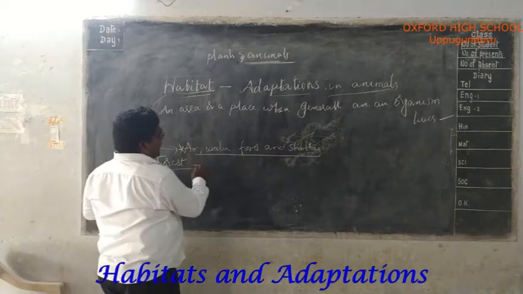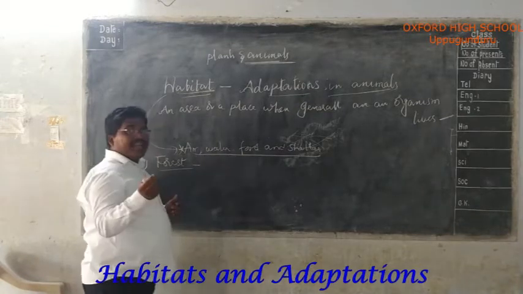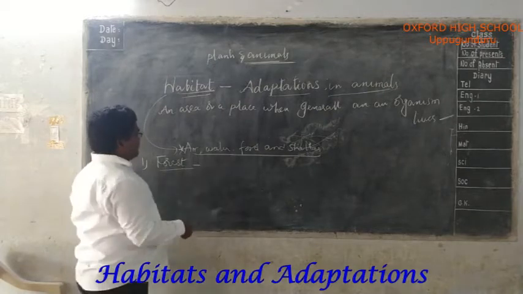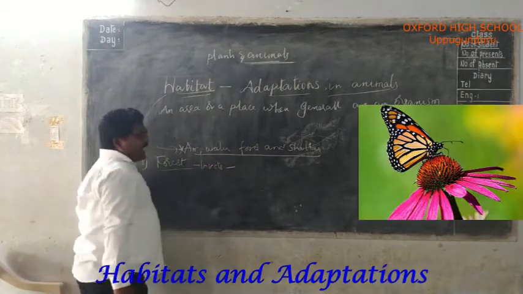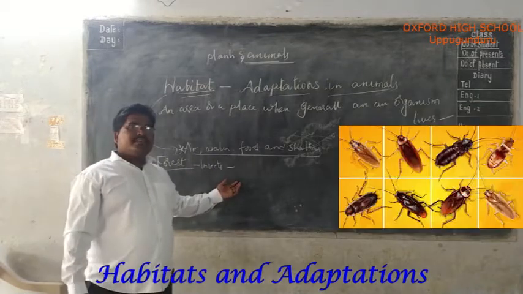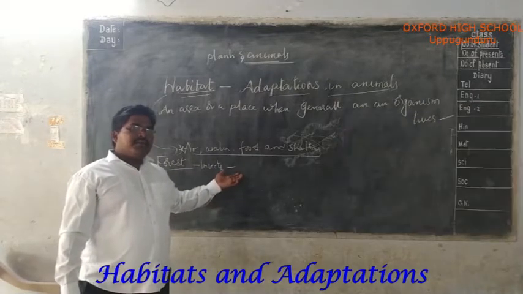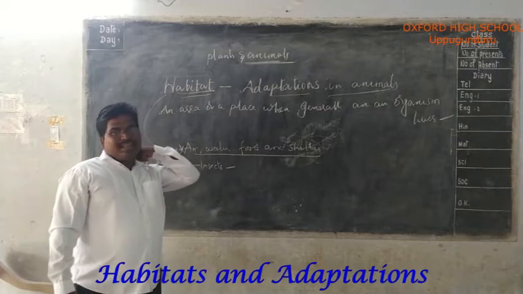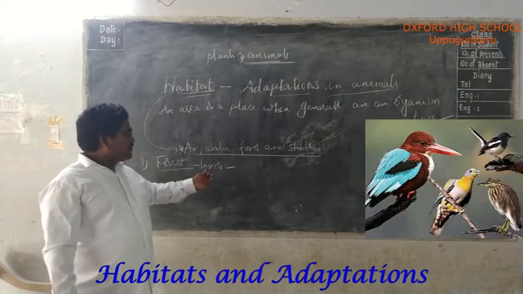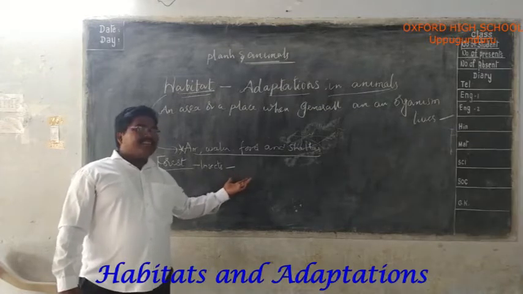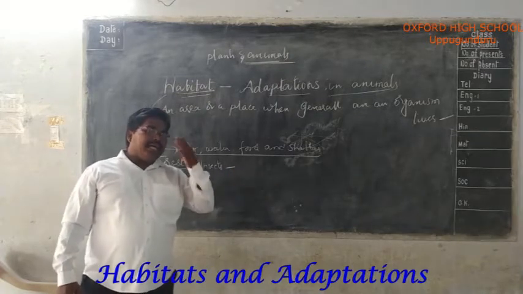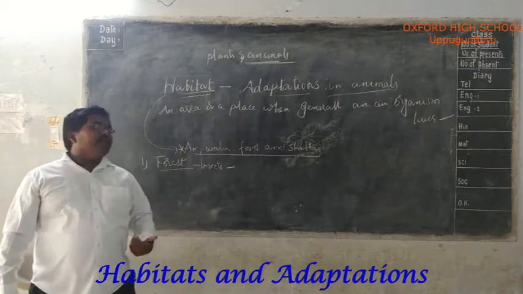In the forest, I will explain some of the animals, the insects. Some of the insects like butterflies, cockroaches, bugs, beetles. These are the insects that are mostly found on the floor of the forest.